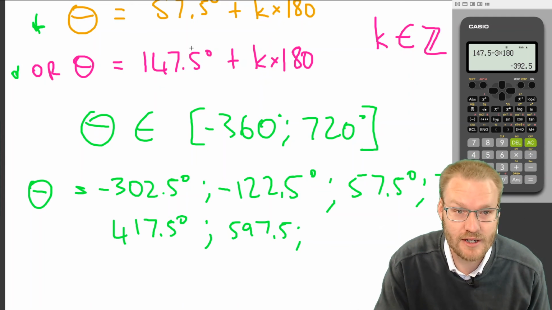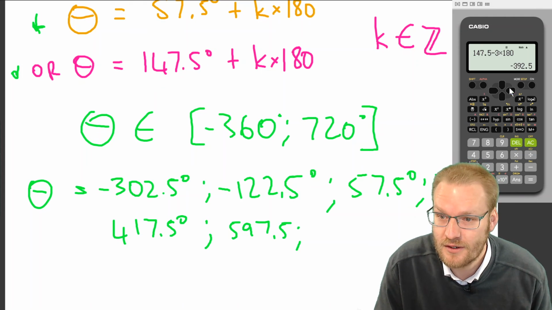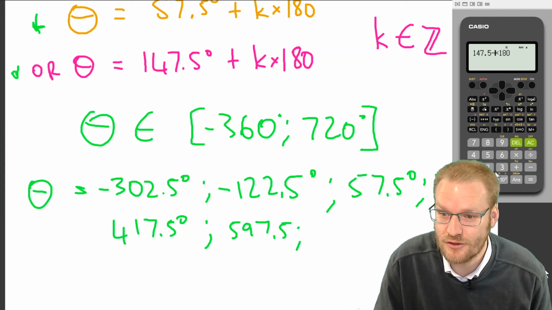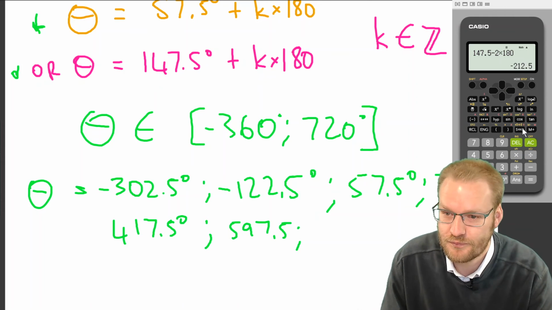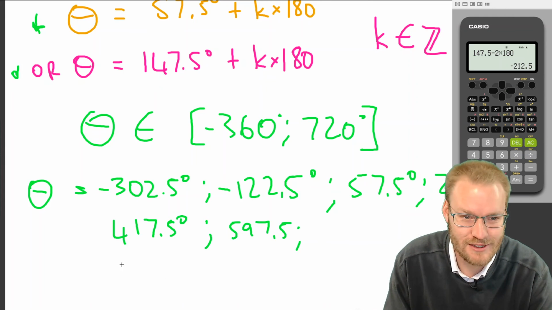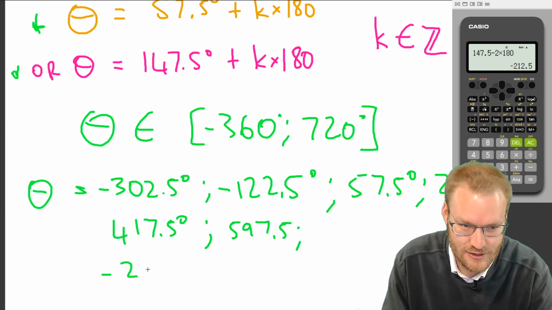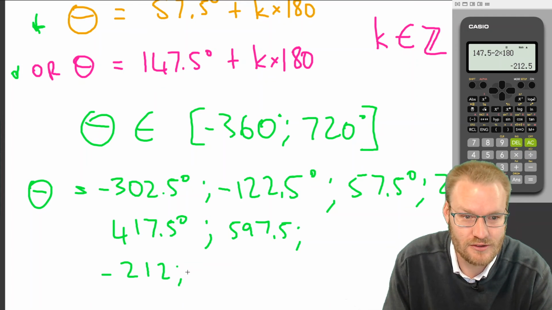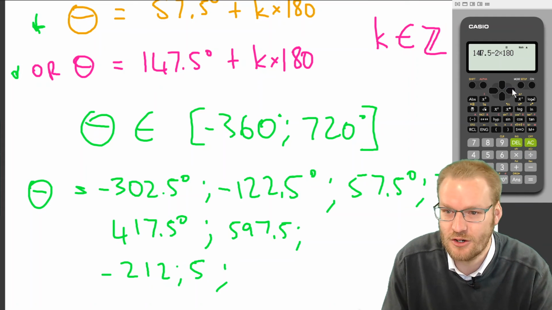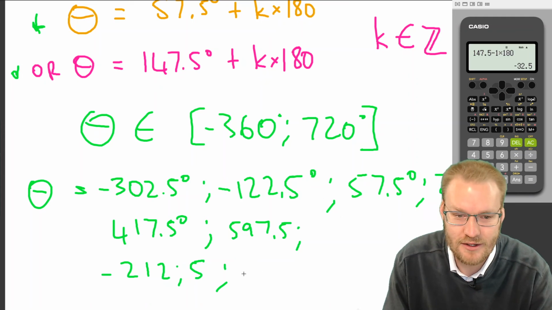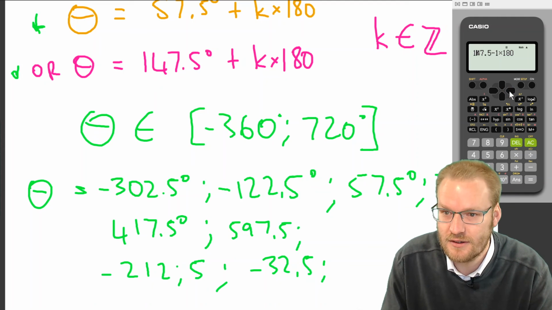So we're looking at this equation, 147,5, and we're trying different values of K. Now, this is going to be somewhat tedious, right? Let's keep going. 212,5. And so we go. I need one of those little things that speeds everything up here. Minus 32,5.